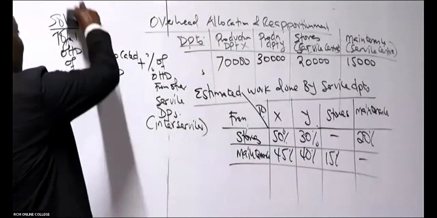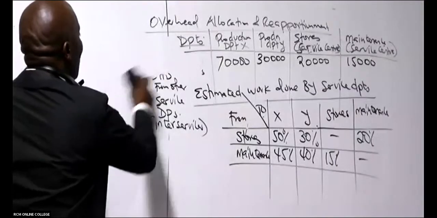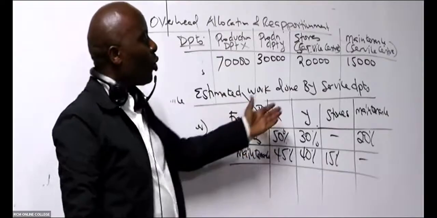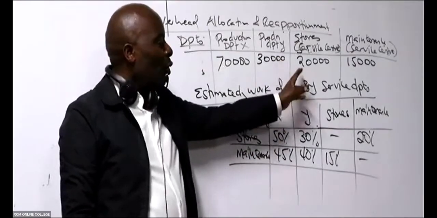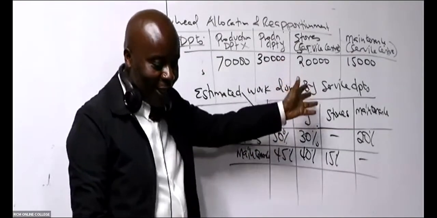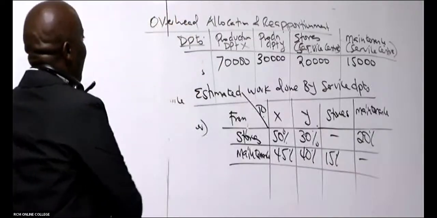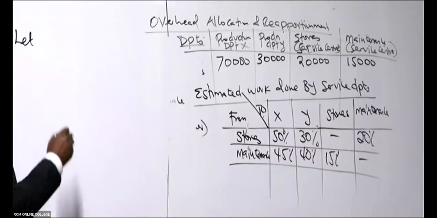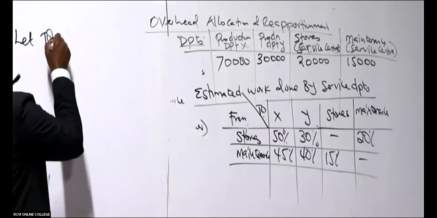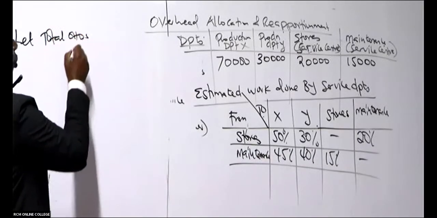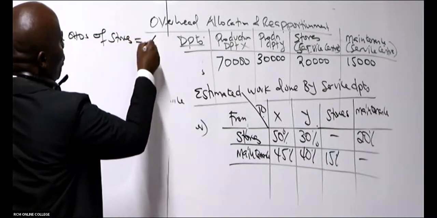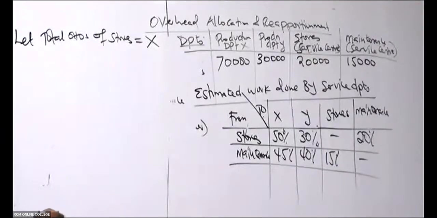Now, once you have done that, ladies and gentlemen, we don't know how much is the total overhead cost for stores, because 20,000 is just what has been allocated, right? So I will let the total overheads of stores be equal to what here, somebody?